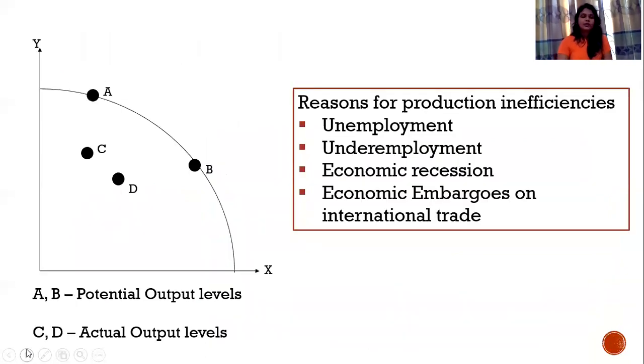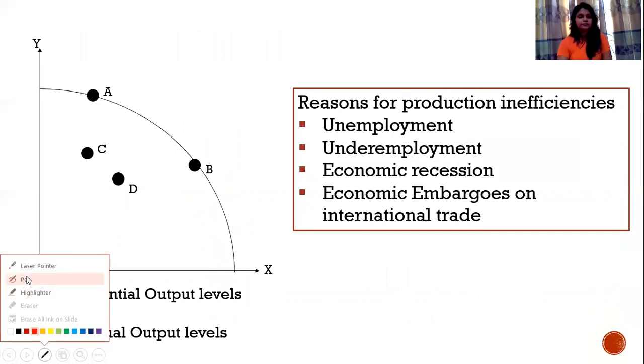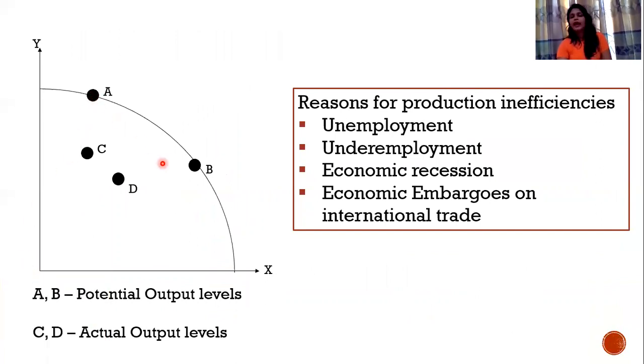Okay, so it is very clear in this diagram. Point A and point B show the potential output levels. Okay, potential output, that is full employment and full production. And points C and D are productively inefficient, and these are the actual output levels that the economy generally achieves, because full employment and full production generally an economy cannot achieve.